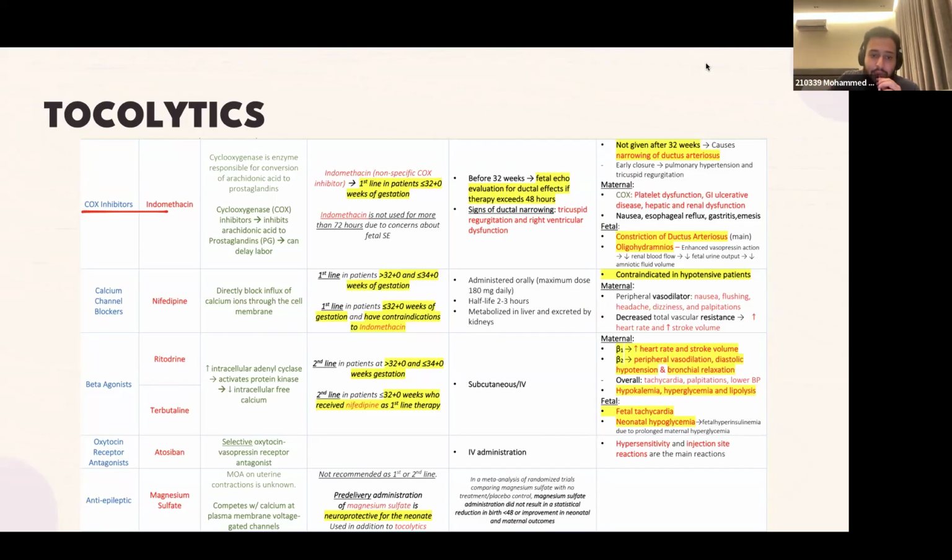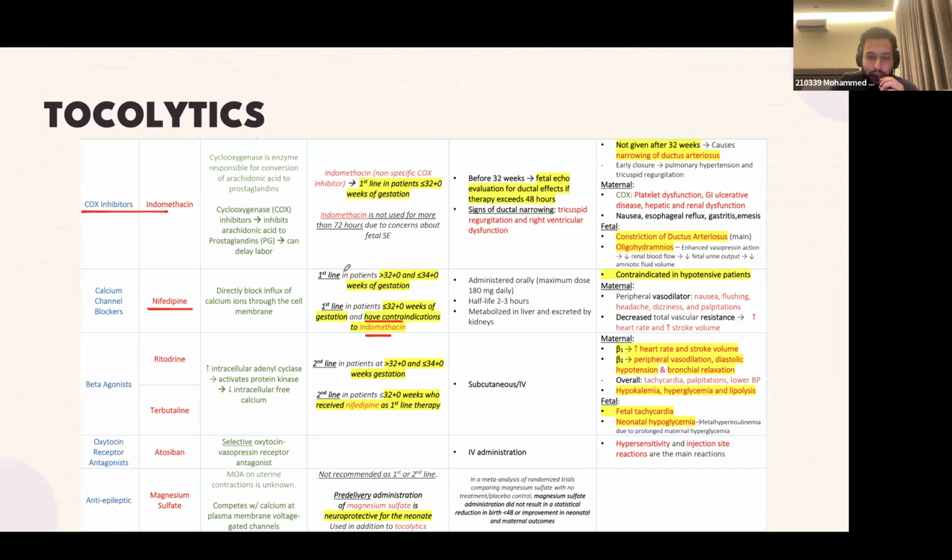Okay, another one is nifedipine. It's the first line in patients below 32 weeks who have contraindications to indomethacin, and first line above 32 weeks. So before 32 weeks, if they have no contraindication to NSAIDs, you give indomethacin to stop labor. If it's above 32 weeks, then you can give nifedipine. The rest aren't too important.